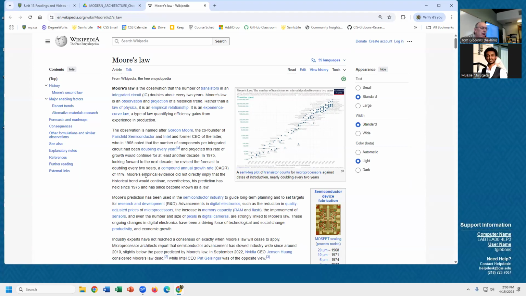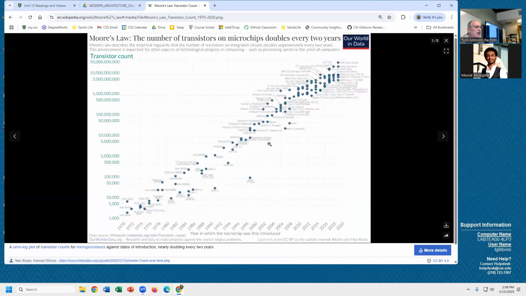And this has been amazingly true going forward, that the number of transistors on a chip has largely doubled every 2 years. And we have this curve. Now, one thing to notice is this is a log curve.